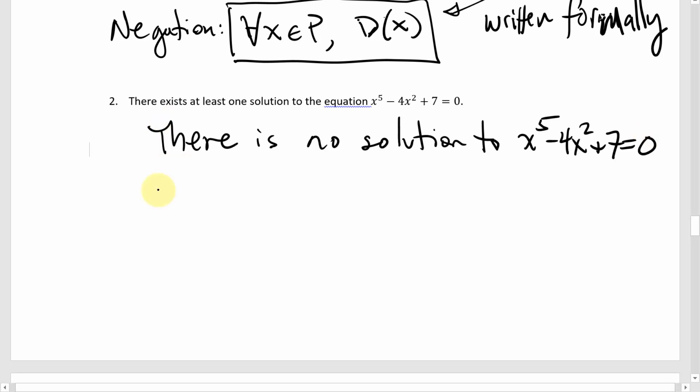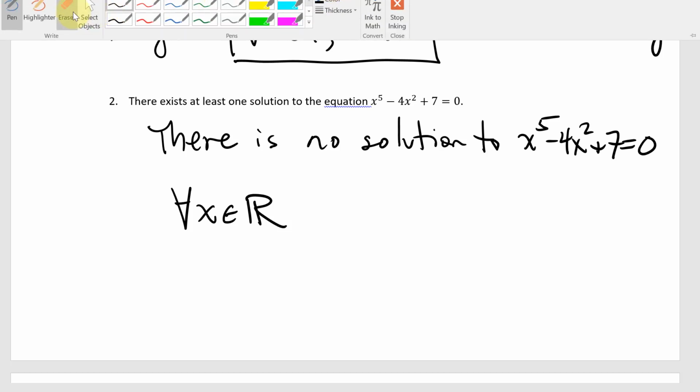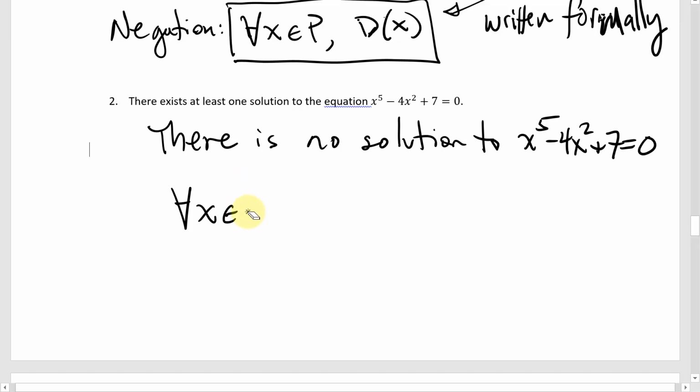To put that in a sort of formal language, I need to use the universal quantifier, and so I would have to say something like, for all x element of the real numbers. You don't necessarily have to say that. It doesn't necessarily say that we're referring to the real numbers, so let me take that out. There's nothing in this statement meant that we had to assume real numbers.